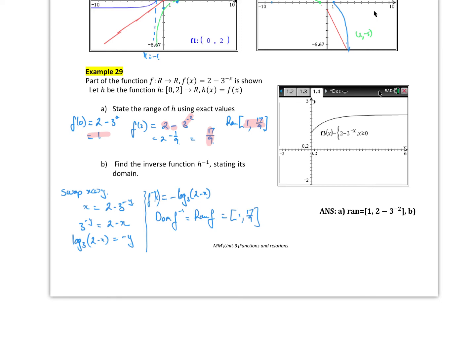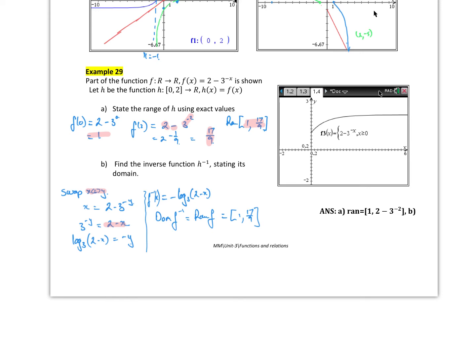Find the inverse function. So again, swap the x and y values. So we've got x is equal to 2 minus 3 to the minus y. Bring the 3 to the minus y across, take the x over. So I get 3 to the minus y equals 2 minus x. So we're going to use our log base transformation. So log base 3 of 2 minus x will in fact be equal to -y.